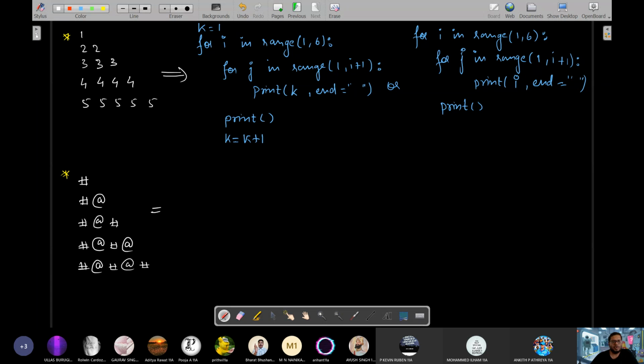Okay. So you will see that in each row, all the odd position elements are hash, and all the even position characters are at the rate. So you write a pattern.